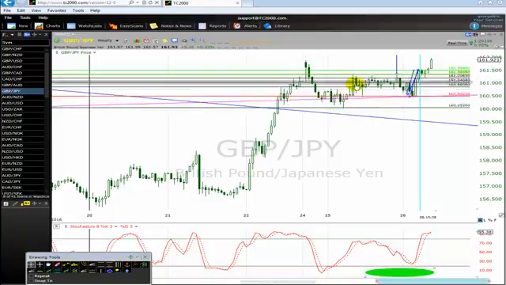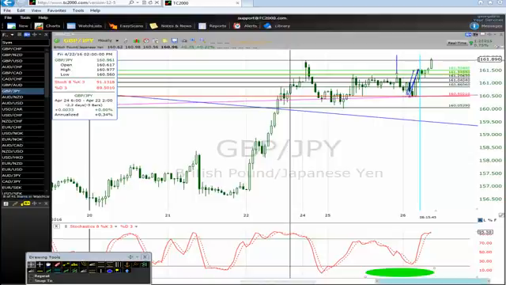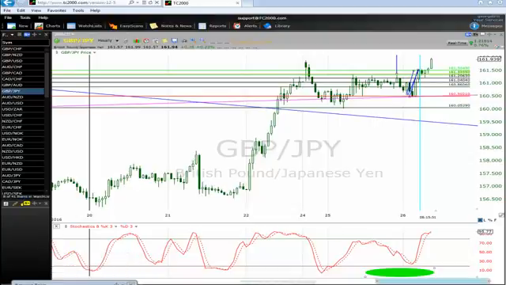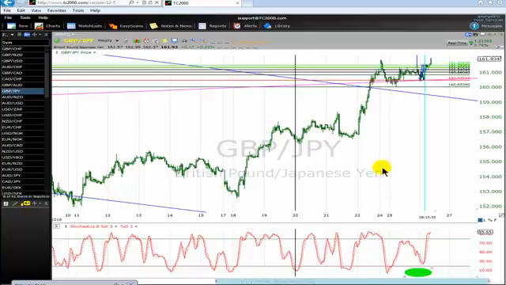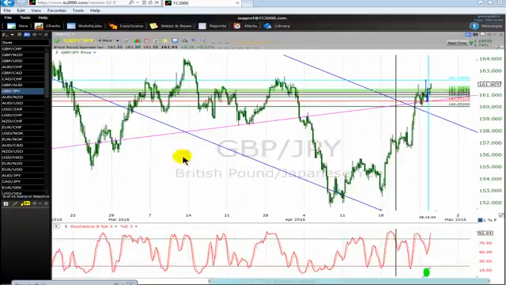Okay, so we will see whether, you can see now on the hourly chart that the price is now at this resistance zone. After breaking above, hold on please. Trying to zoom into my chart. What's going on here? Trying to zoom into it to see clearly. A moment please, traders.